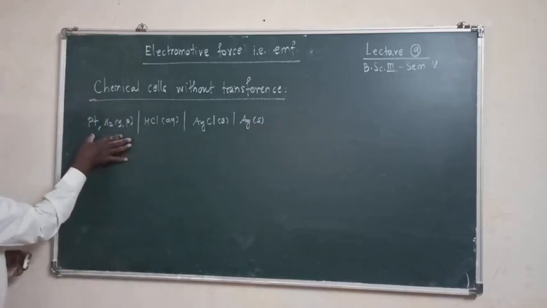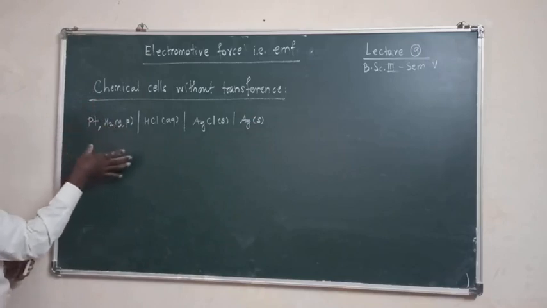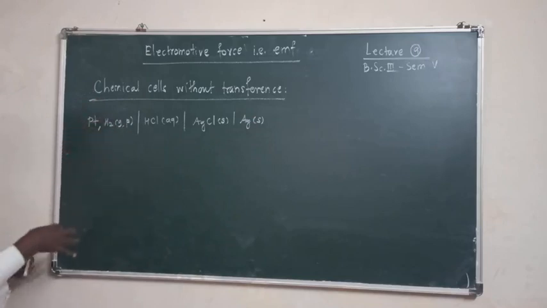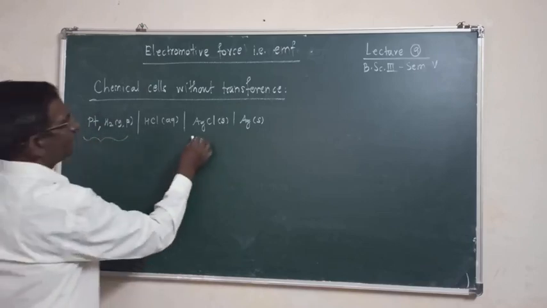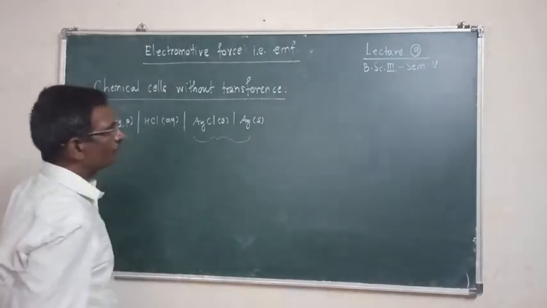Now look at this. This cell can be constructed by selecting two electrodes and electrolyte. This is the hydrogen electrode, this is the AgCl electrode.